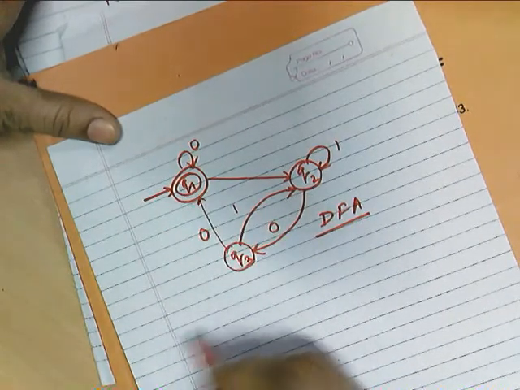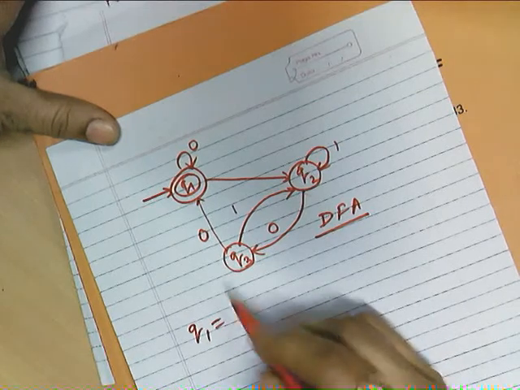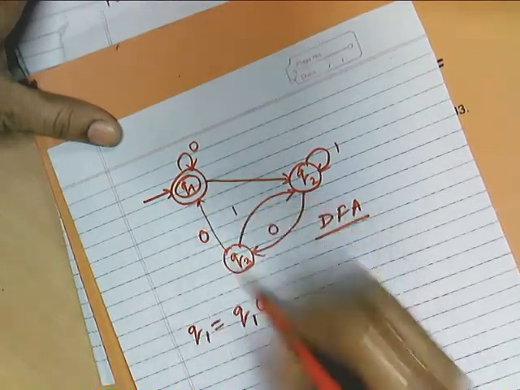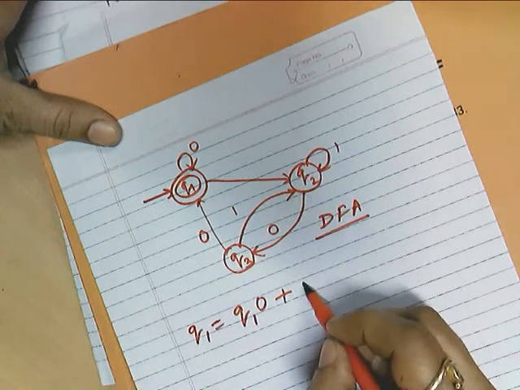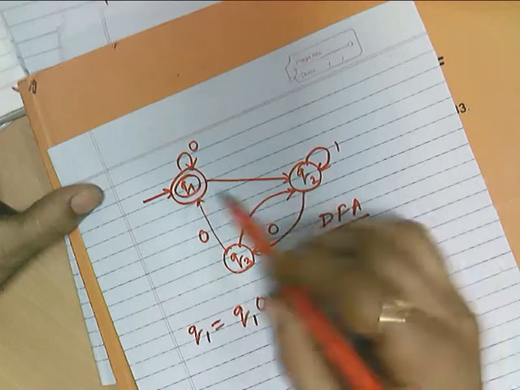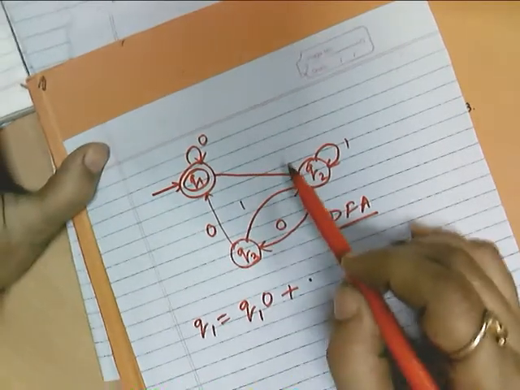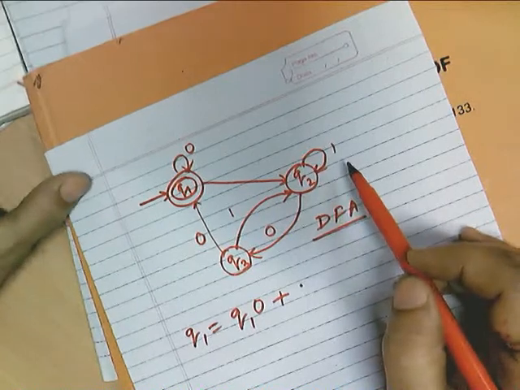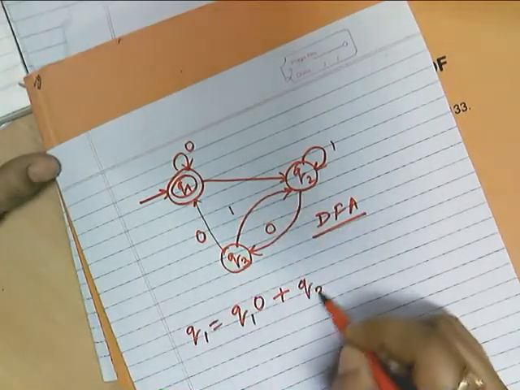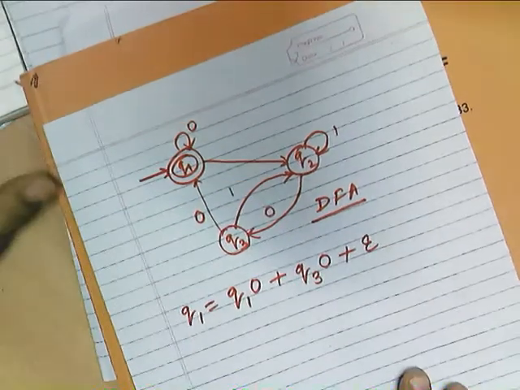Now the equation for Q1: for Q1 0, any more incoming edges? Yes, plus from Q3 0, plus, since it is the initial state, we need to write the empty string.